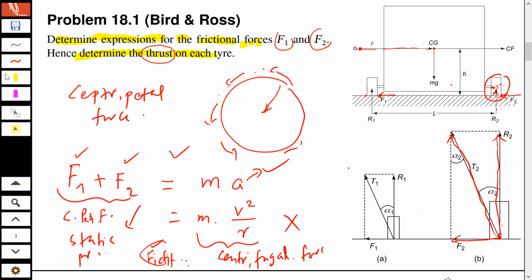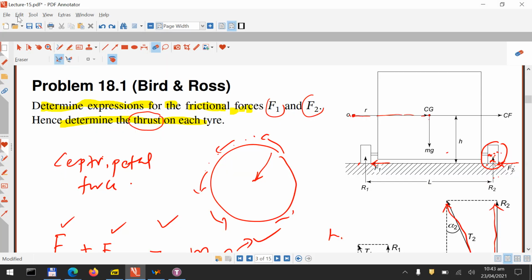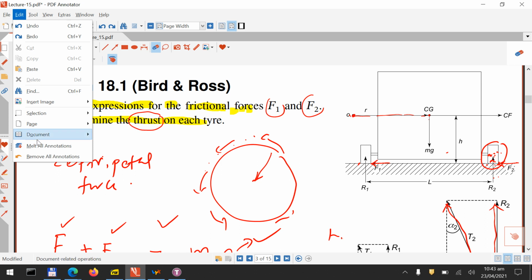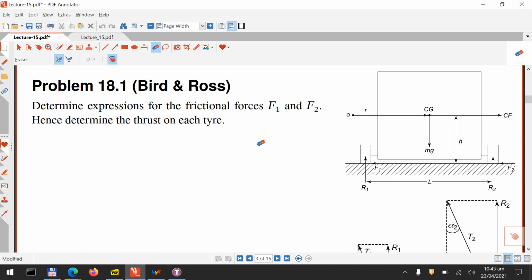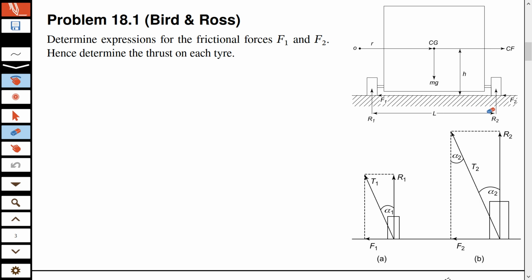I can now actually remove all the annotations. The advantage of introducing that: F1 plus F2 minus ma, and you know a is centripetal.